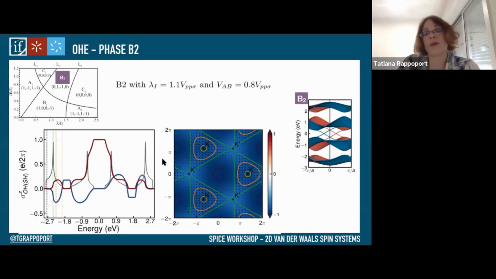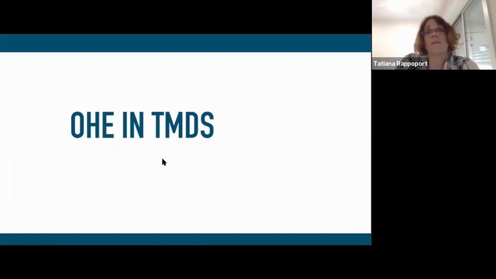Okay, so it's interesting. We can generate a quite sizable orbital Hall effect in a 2D material, even in the absence of spin-orbit coupling. But if the orbital textures are present in other systems, as I was discussing before, let's try to see if we can observe orbital effects in other 2D materials, and let's see what happens in materials that were extensively studied, both theoretically and experimentally, like TMDs.